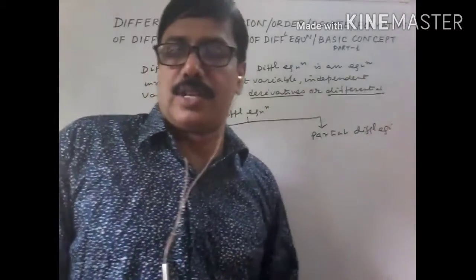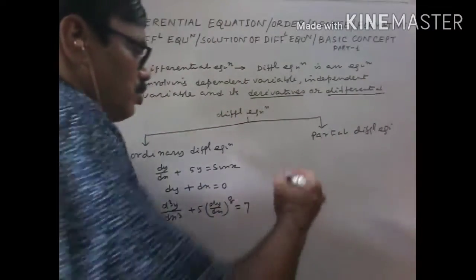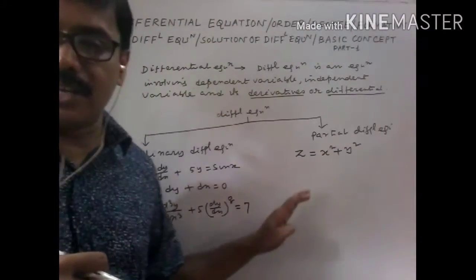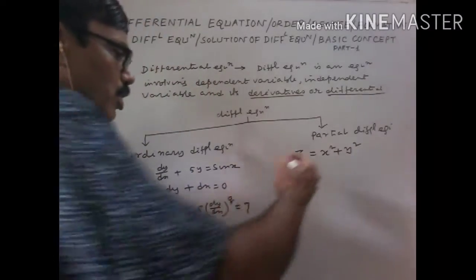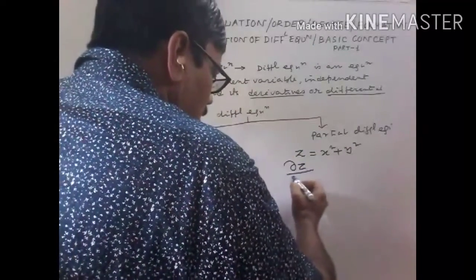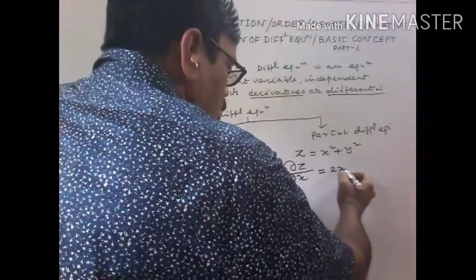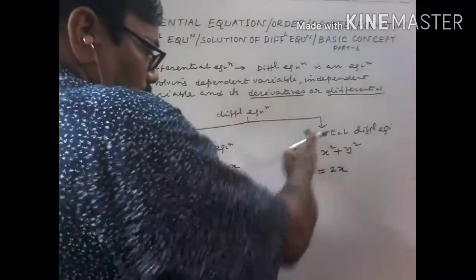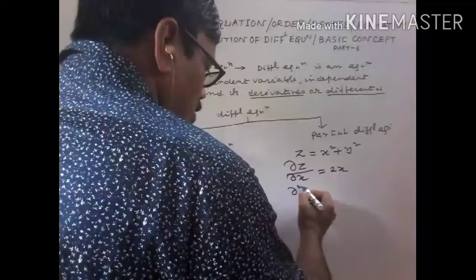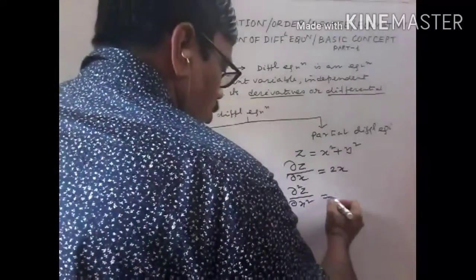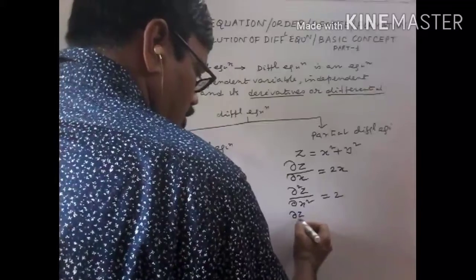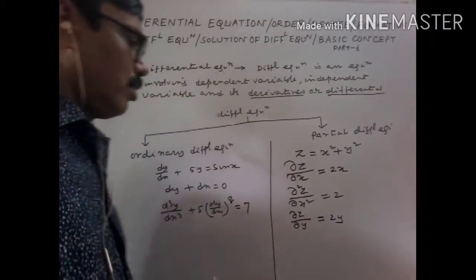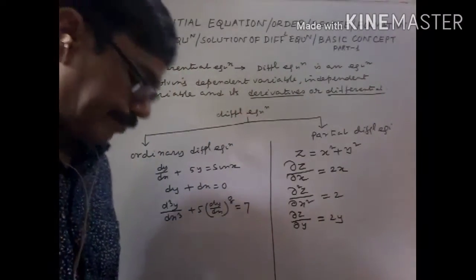Now, partial differential equations you will learn later. Suppose z equals x square plus y square. So z is a function of two variables. If we take the derivative with respect to x, del z del x equals 2x, supposing y is constant. This symbol is for partial derivative. So del square z del x square equals 2, and del square z del y square equals 2. So these are partial differential equations.